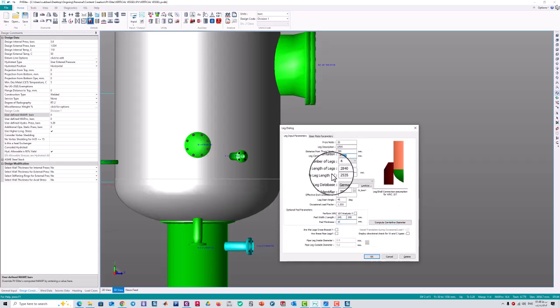And if we click on compute center line diameter, it automatically computes the center line diameter of the leg. And we are not going to check any of these boxes.